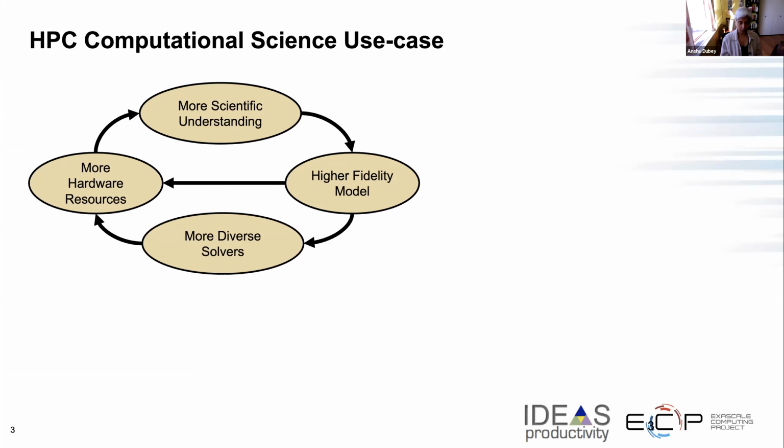When we start out with the model, we usually make many approximations because we're exploring. As the understanding grows, we start removing these approximations, and therefore the model becomes a higher fidelity model. A higher fidelity model means that in the code, normally we're bringing in more diverse solvers. As we make the code more complex and we want to do bigger and bigger simulations, we need to make use of more hardware resources. When we do that, that leads to more scientific understanding. And so this whole positive feedback loop cycle just keeps going.